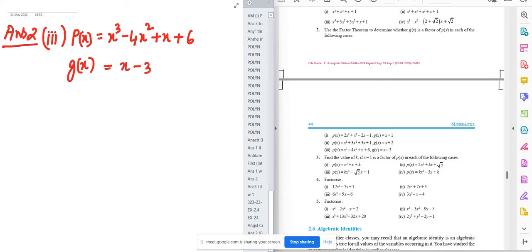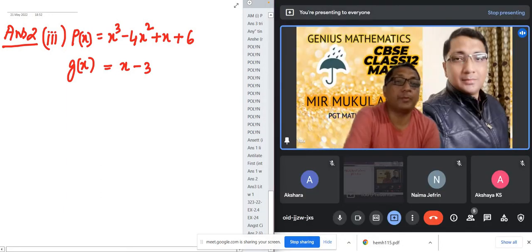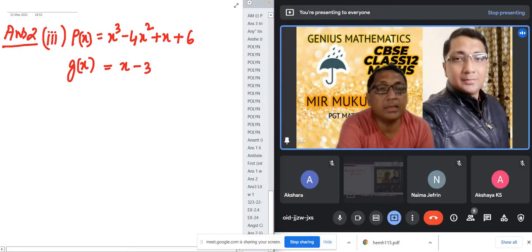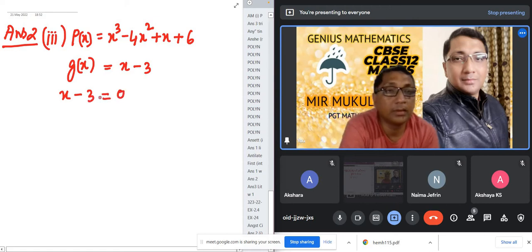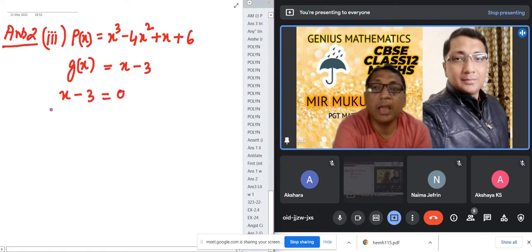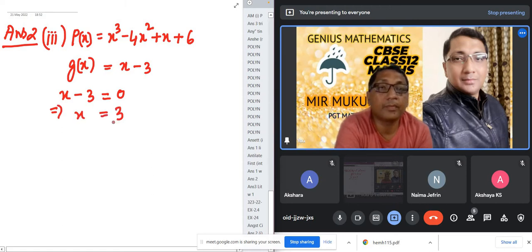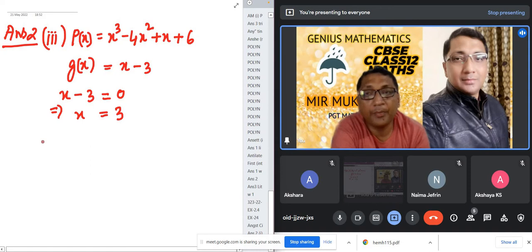Okay. Now we have to check whether g(x) is a factor of p(x) or not. So what will we do? We write x minus 3 equals 0 first. Then x equals 3 we get. Now find the remainder. Remainder means p(3).